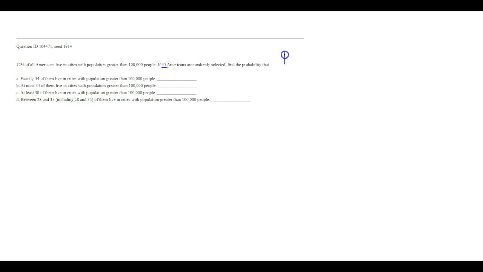So we know our n is 45. And we want the probability of at least, so X is the number of Americans who live in the cities, that would be greater than or equal to 30, right?